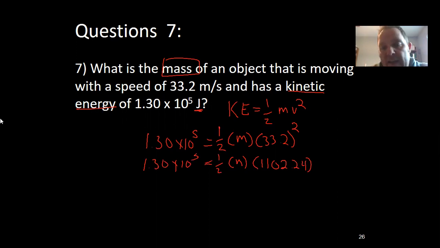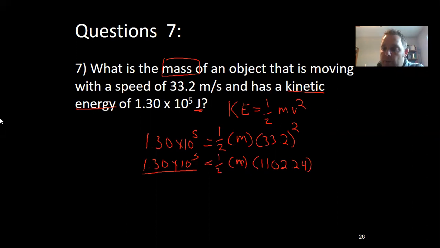Now we can divide them. I don't care about this part, because you can divide by 1/2 or divide by that 1,000 first. But the real key is making sure we put this into our calculator correctly. So if I'm entering that, I'm typing in 1.30.